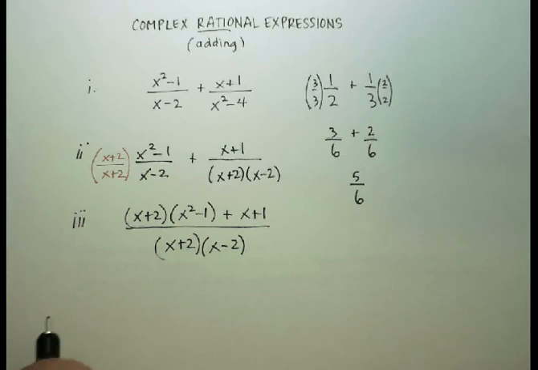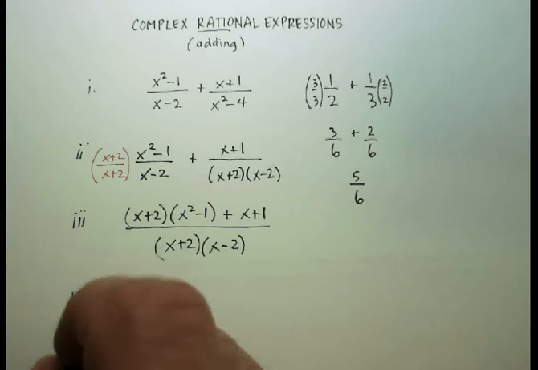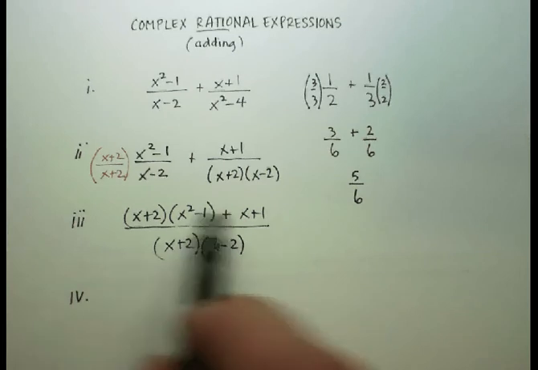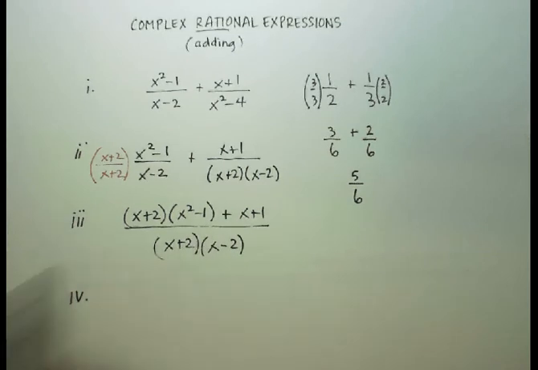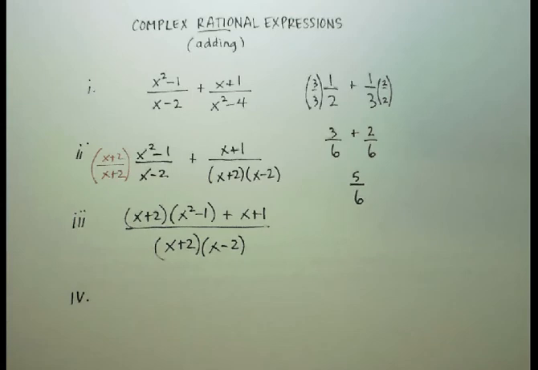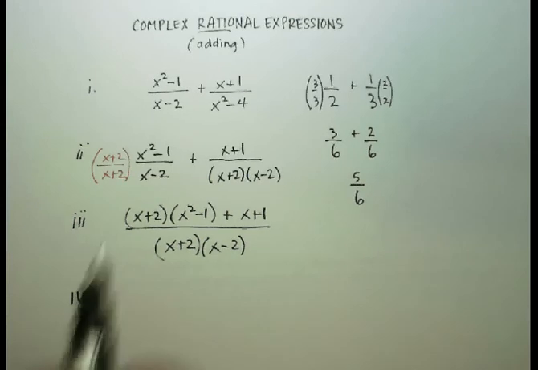Well, I think probably what I'll do is multiply these out, FOIL these, add them to the x plus 1, and see if what's left over is able to be factored. I know that sounds like a little bit of work, but that's what you're going to have to do, all right? So let's try it.